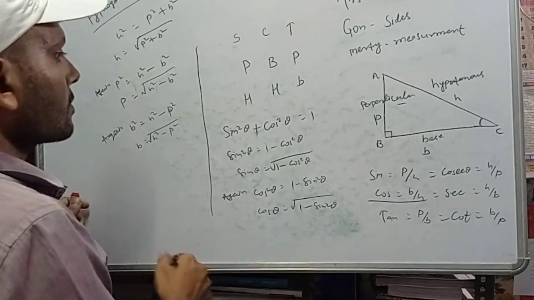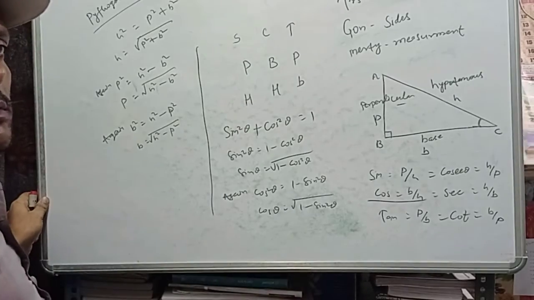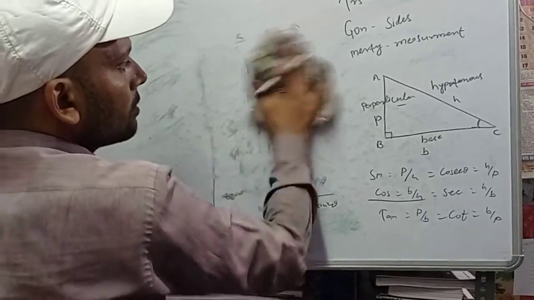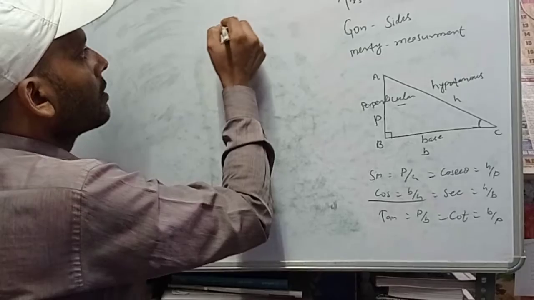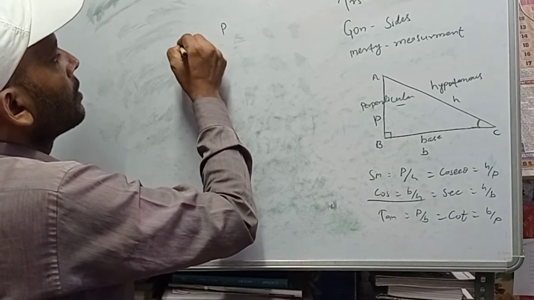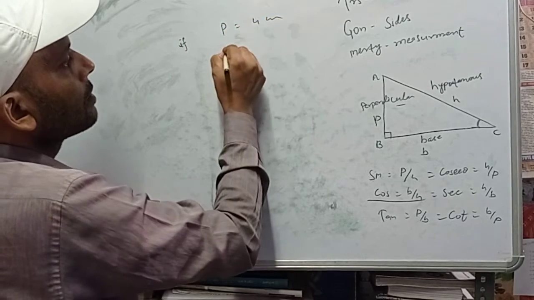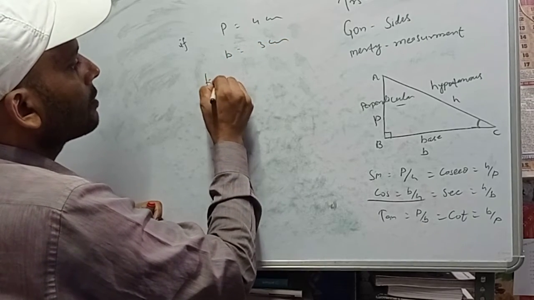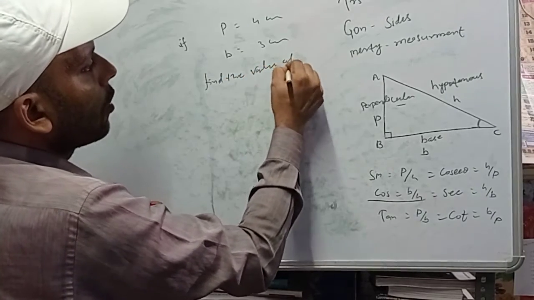Okay. Then based on some points, a numerical: in any triangle, if perpendicular is equal to 4 centimeter and base is equal to 3 centimeter, then find the value of hypotenuse.